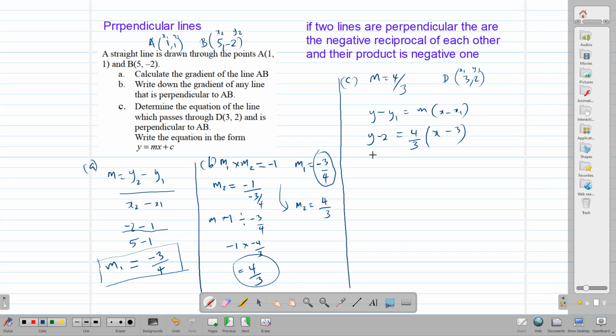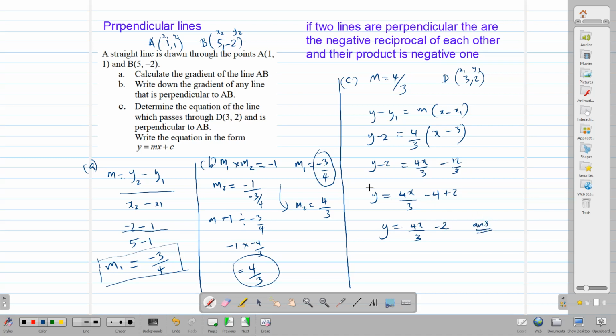Do the multiplication of the bracket. y take away 2 is equal to 4x over 3 minus 12 over 3. 12 over 3 is 4, negative 4. We're going to move that 2 to the other side. So y is equal to positive 4x over 3 minus 4 plus 2, which gives us a final answer of 4x over 3 minus 2.